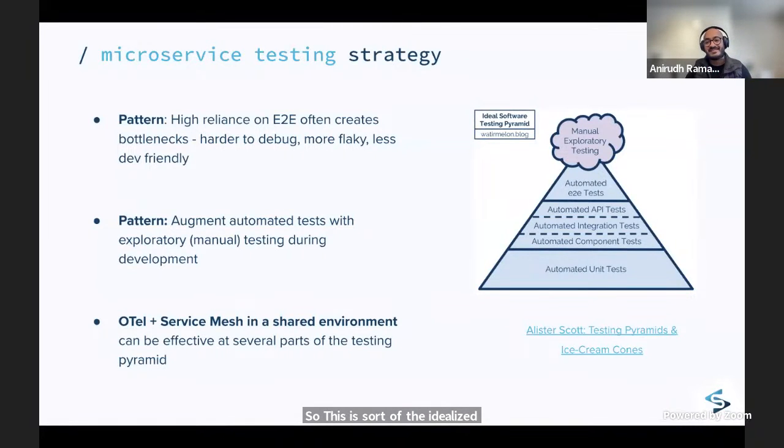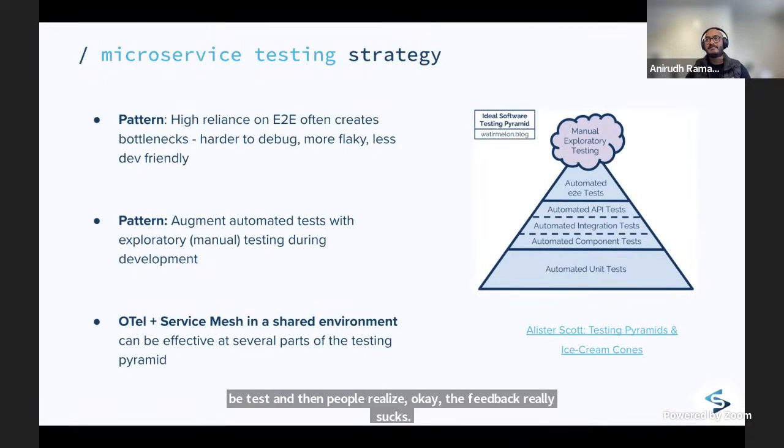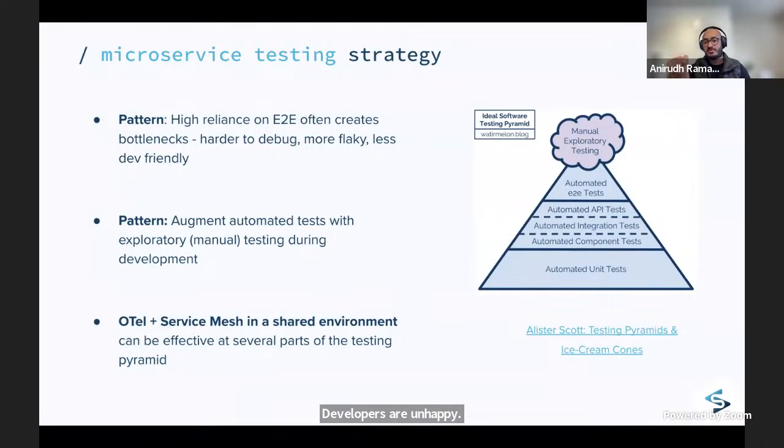Of course, practically speaking, there are versions of this which are pretty much inverted, where everything's an E2E test, and then people realize, okay, the feedback really sucks, developers are unhappy, and start to invest in those middle layers of API tests, integration tests, etc. One interesting pattern that I've noticed is also a higher emphasis on exploratory testing, which is sort of the rise of all of these preview environment type of things.